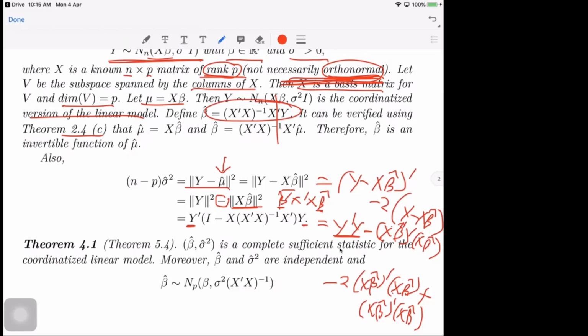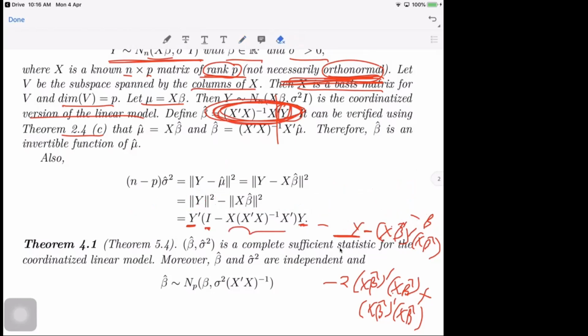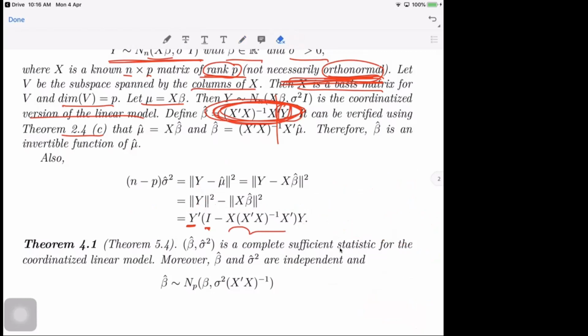Yes, ma'am. Write beta hat in terms of this, and Y can be factored out. Y prime Y, the identity remains. Okay? Do you understand? Try to expand it so you will know that it can be written this way. Do you have questions?